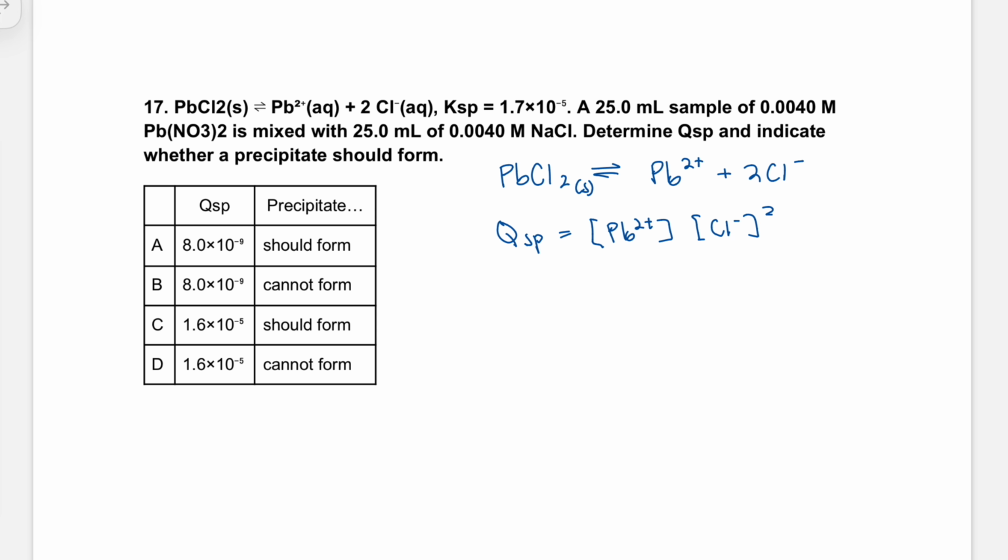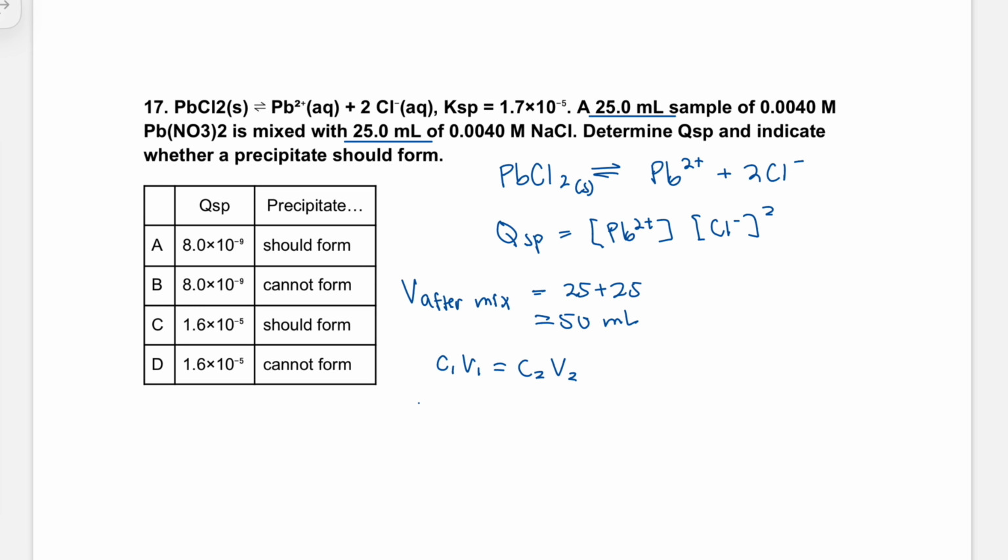So after mixing, the total volume, because we have a 25 milliliter here and a 25 milliliter here, overall is going to be 50 milliliters. And the reason why we do this is because we can calculate the concentration by using the formula C1 times V1 equals C2 times V2.